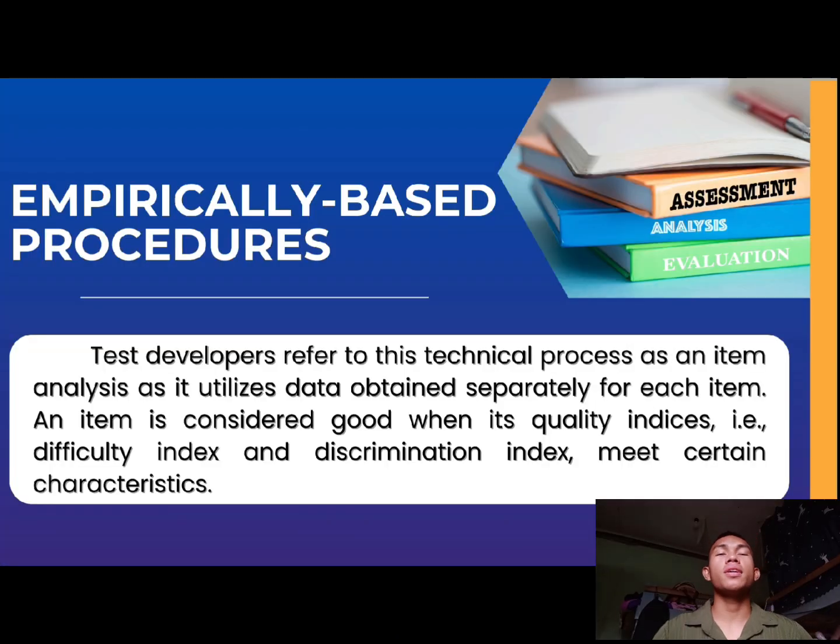Good day everyone. Since we had already discussed the first approach, now we are in the next approach, which is empirically based procedure. In test development, this procedure is known as item analysis. Item analysis means that we look at the data of each test item separately to see how well it works.